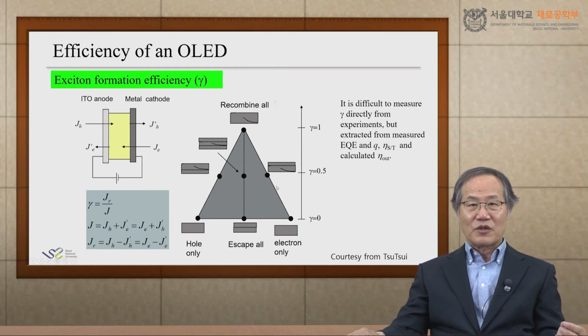In terms of consideration, it's very simple, but it is difficult to measure gamma directly from experiment because there is no way to distinguish hole current or electron current at a certain electrode. So instead of the direct observations, people just try to extract from the measured EQE, quantum efficiency, and the singlet, triplet, the emitter itself, and outcoupling efficiencies.